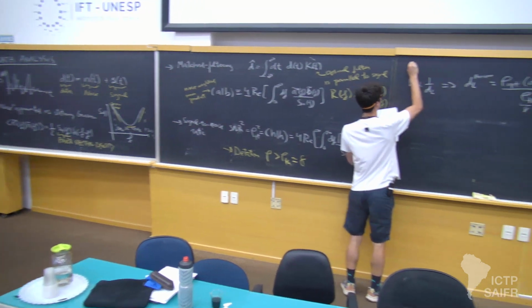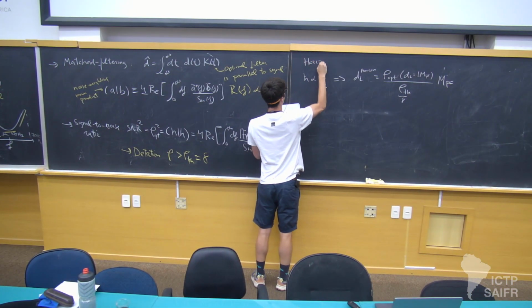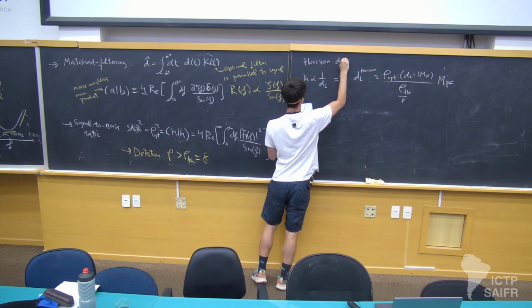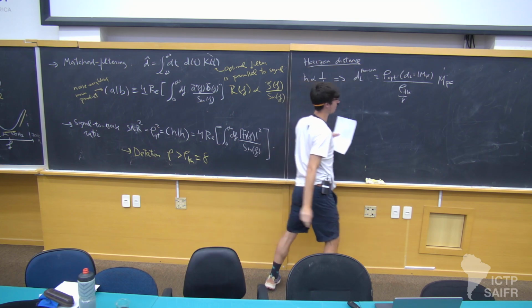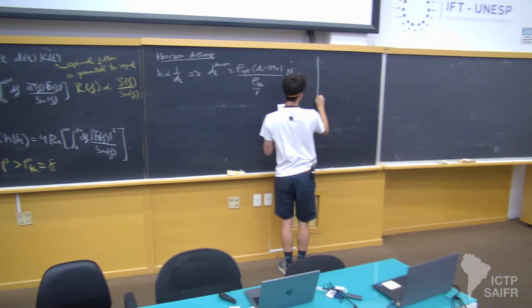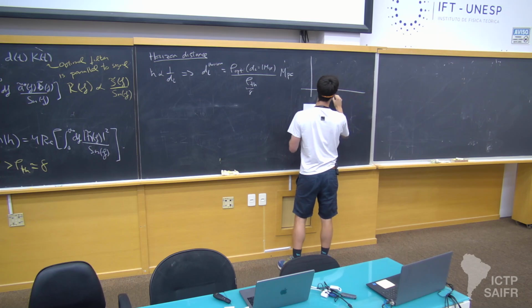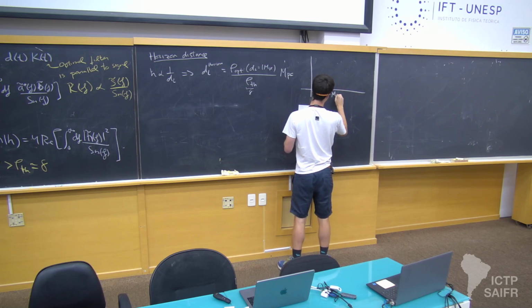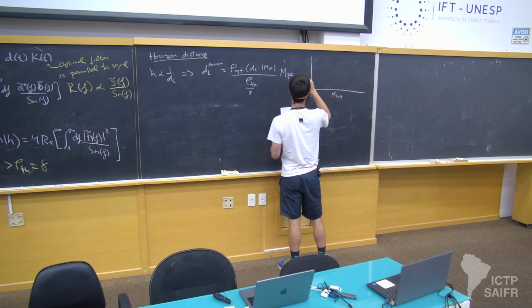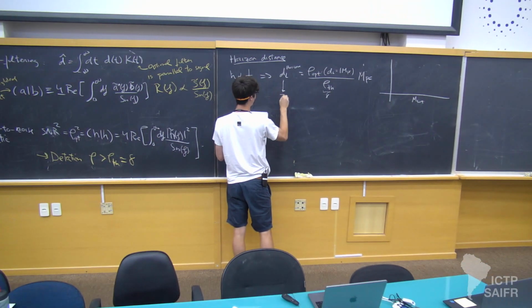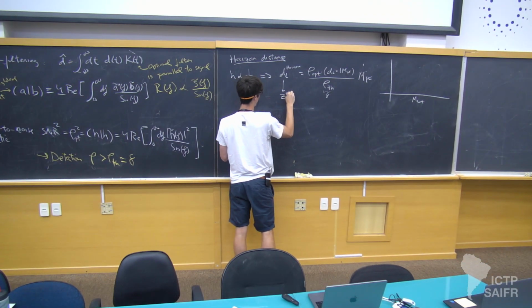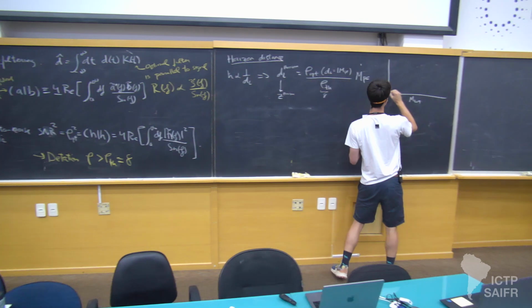So this is known as the horizon distance. So for a given mass, and we will see some plots of this, you can of course relate horizon distance to horizon redshift, assuming a cosmology.